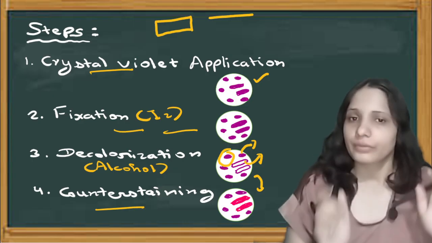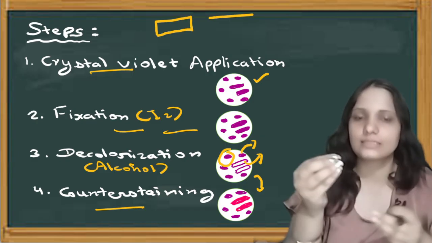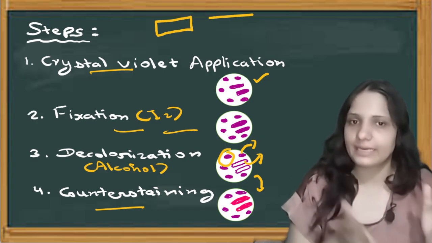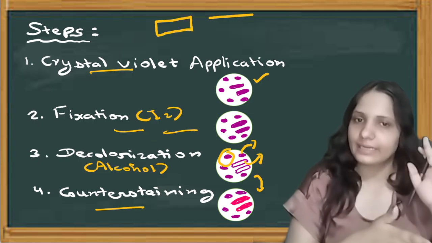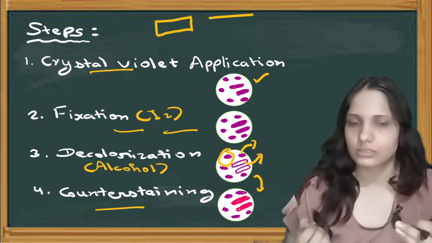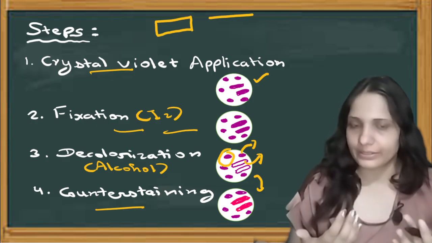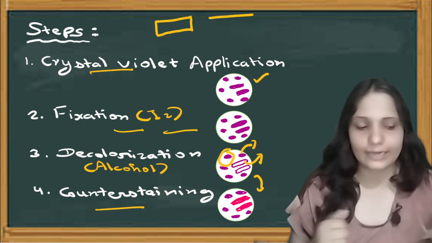So these gram negative bacteria, on applying this safranin stain, will uptake this stain, safranin, and as a result, after staining with safranin, gram negative bacteria will appear pinkish in color.